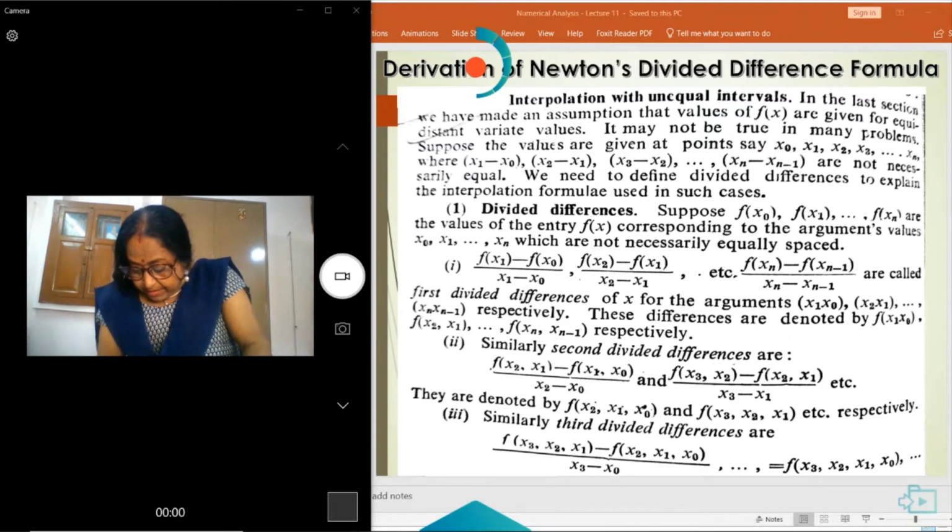Similarly, the second divided difference is (f(x2, x1) minus f(x1, x0)) divided by (x2 minus x0), which is equal to f(x2, x1, x0). Similarly, (f(x3, x2, x1) minus f(x2, x1, x0)) divided by (x3 minus x0) is known as f(x3, x2, x1, x0).